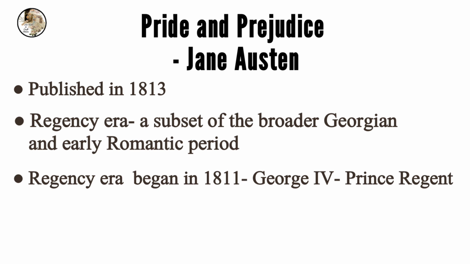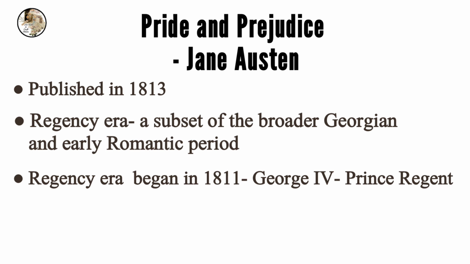Therefore, it was published during the Regency era, which began in 1811 when George IV served as Prince Regent due to the illness of his father, George III. And this period, known for its refined manners and societal expectations, is reflected in the novel.